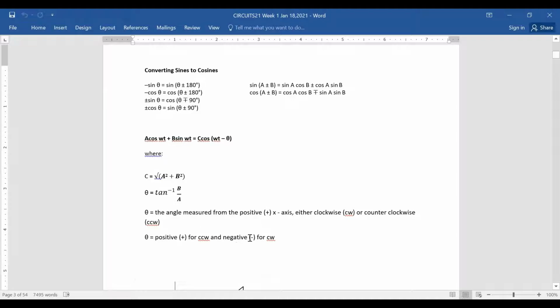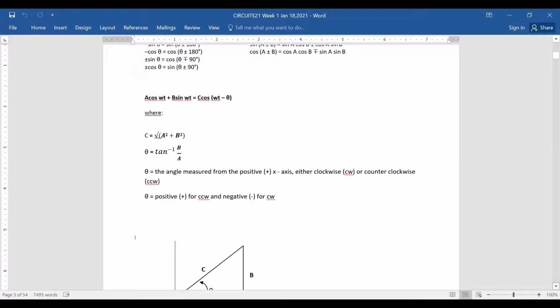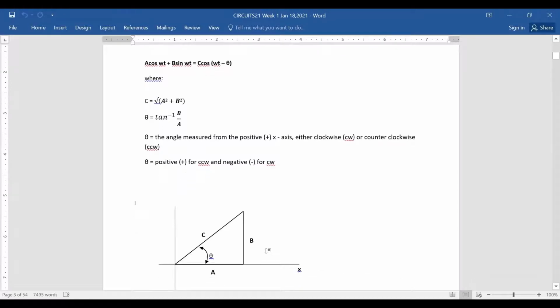Otherwise, if we use the clockwise direction, again with respect to our positive x-axis, we say that the sign of our theta is negative. If we use the clockwise, the sign is negative. If we follow the counterclockwise, the sign of our theta is positive.